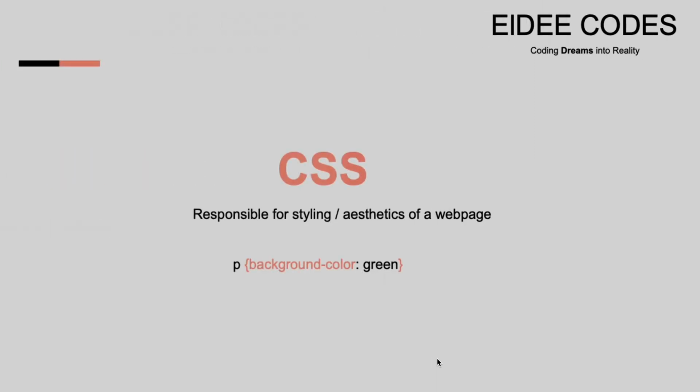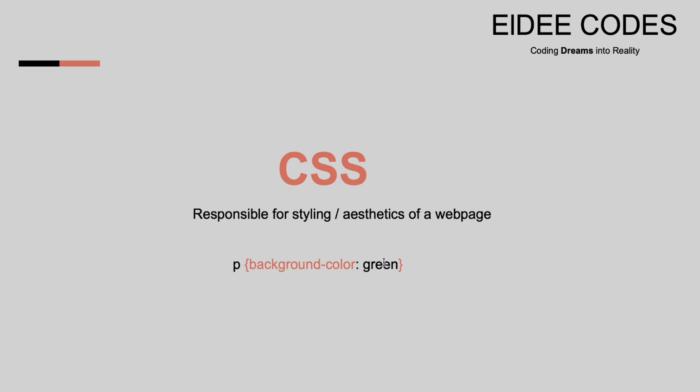So this is what CSS looks like. It might look pretty simple to me, but if you are not familiar with it, you won't understand. But here it is basically telling you that this paragraph of text, this p tag here, I want to give it a background color of green. Okay, and that's it for CSS.